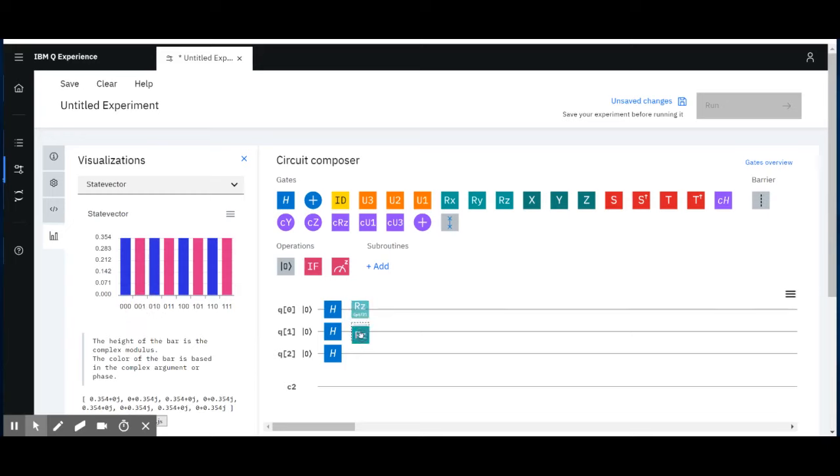Whereas if you apply it here, it's doing so for those states where you have a 1 in the second qubit, and here it's in the third qubit. So you're painting different patterns that you can then use to compute stuff.